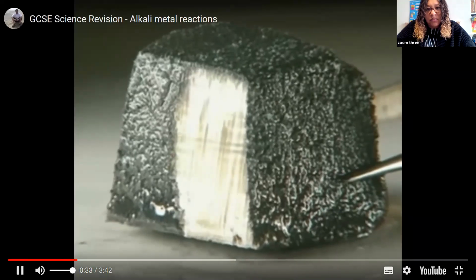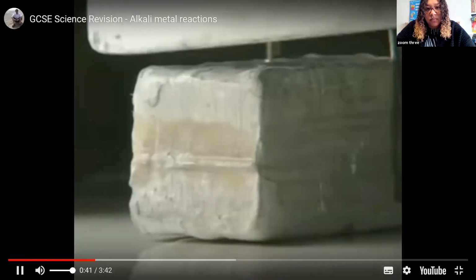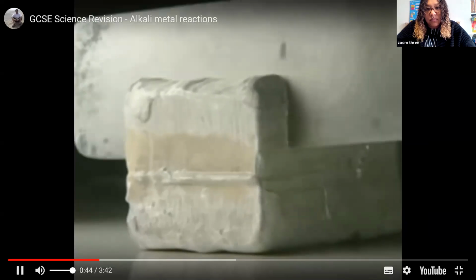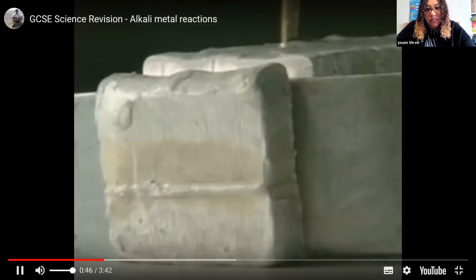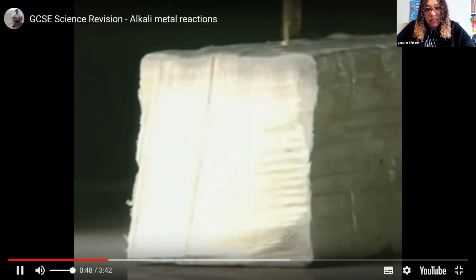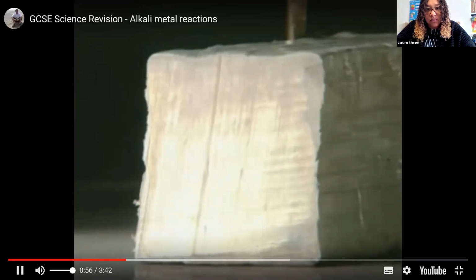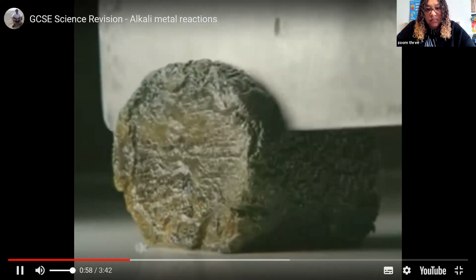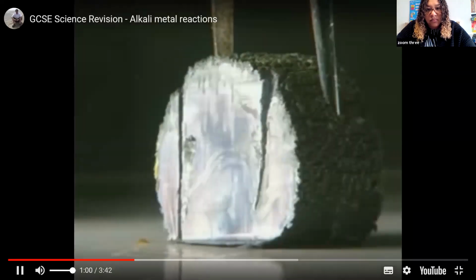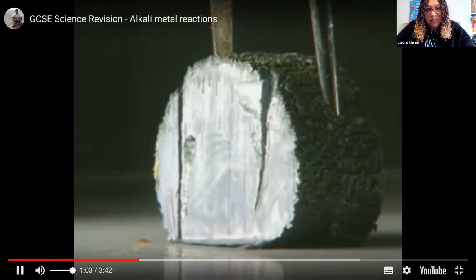But leave it exposed to the air for a few seconds, and it quickly begins to tarnish. It's reacting with the air. This is sodium. It's even easier to cut, and again the shiny surface soon discolors. Potassium is even softer and reacts so quickly it tarnishes immediately.